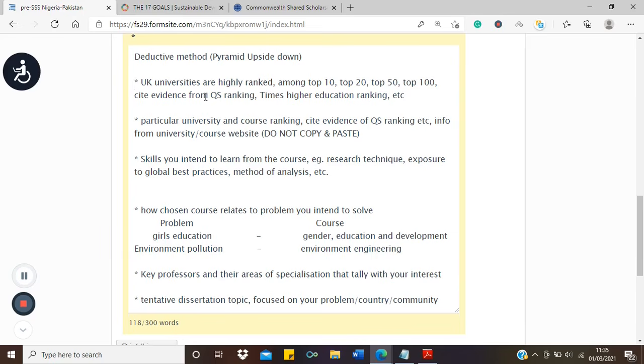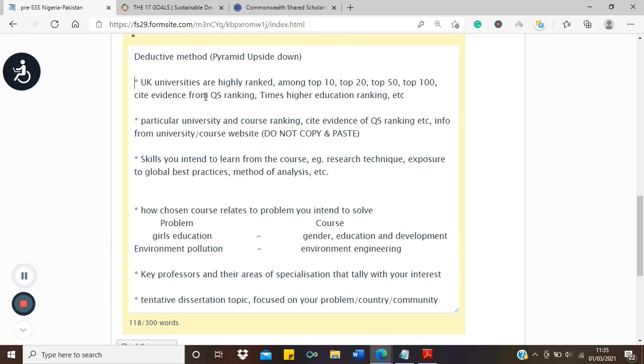Not just said it, but you're drawing citations from a number of sources: according to the QS ranking, according to the Times Higher Education ranking, according to the Guardian University ranking, UK universities are positioned here, positioned there when it comes to the rankings of global universities.